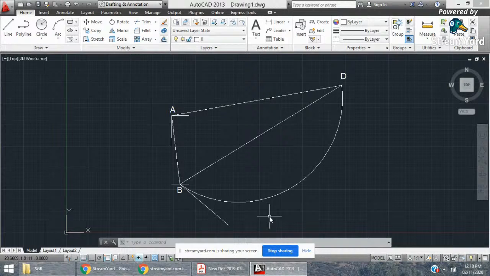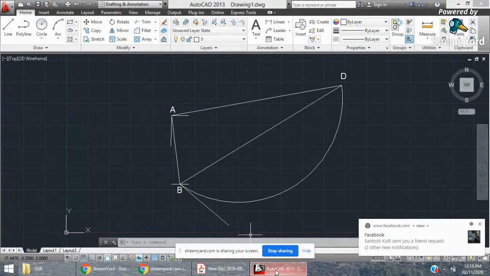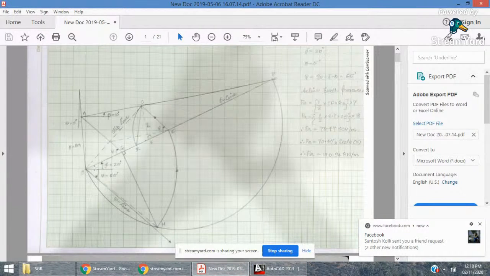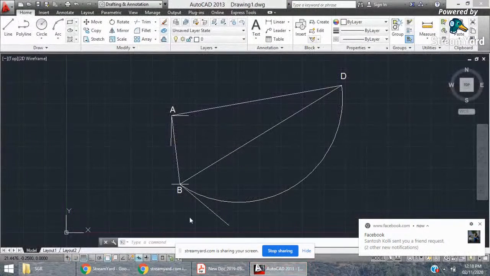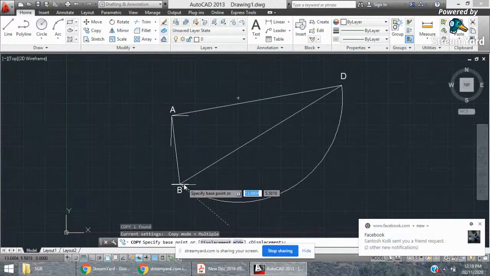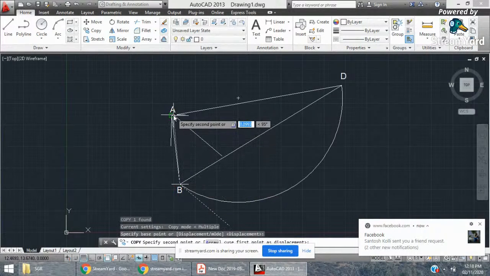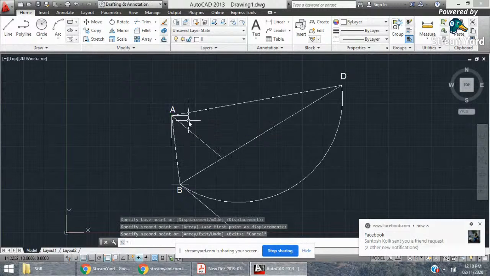Now what we have to draw? From here you have to take a line parallel to this xi line. Okay. So from here you will take a parallel line to point A. So what you have to do is take a parallel line. So copy this, or if you have a roller scale, then you have to roll it and bring this line here. Okay.